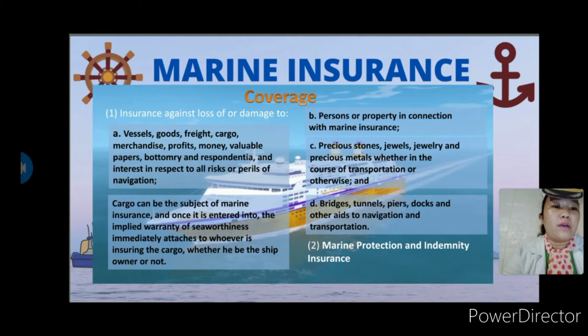And finally, we have the marine protection and indemnity insurance. So later on, we will have a thorough discussion of these damages and losses covered by marine insurance. So as you can see, it is broad, no? Because it has so many losses or damages covered under this insurance.